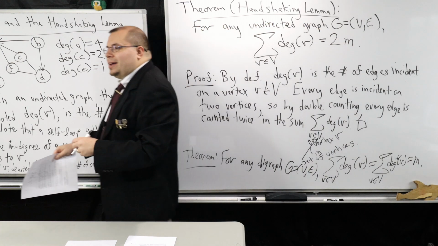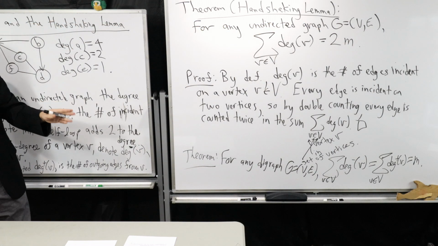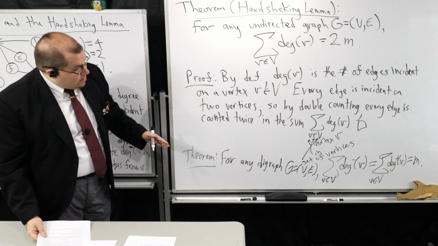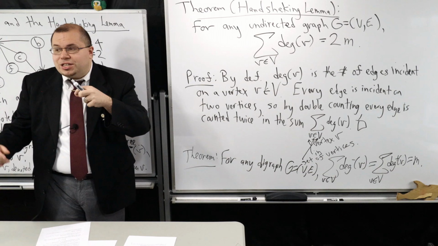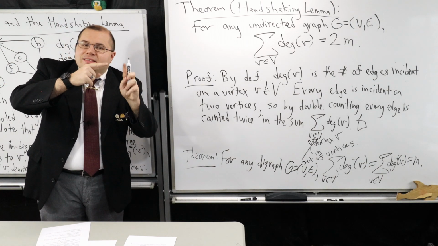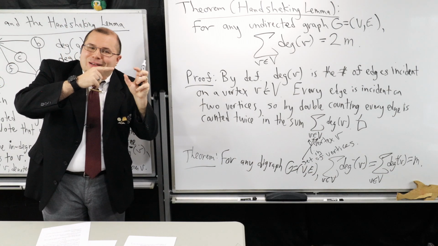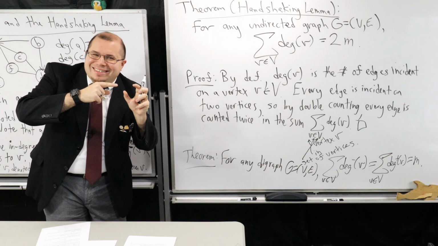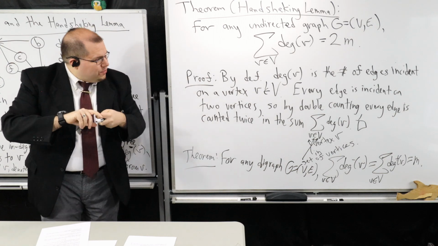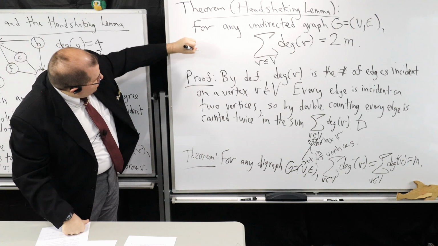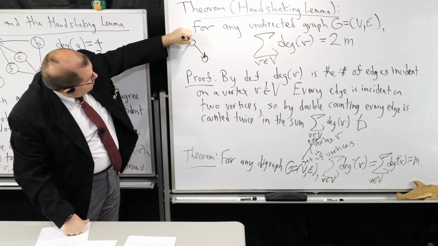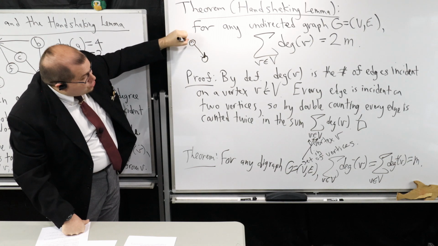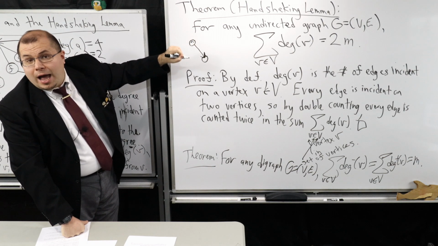You might ask, Dan, why is that the case? I'm not going to write out the proof here, but the argument is very similar. Notice that every time I contribute an edge that points outwards, there has to be another vertex where that arrow is pointing towards it. Does everybody see that? Whenever I take a vertex and have a directed edge that goes like this, from this vertex's perspective, I'm contributing to the out degree.